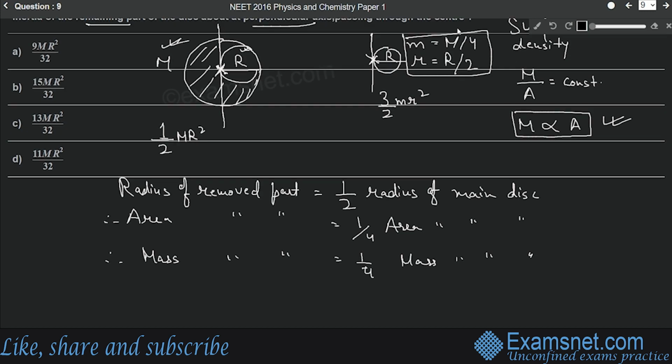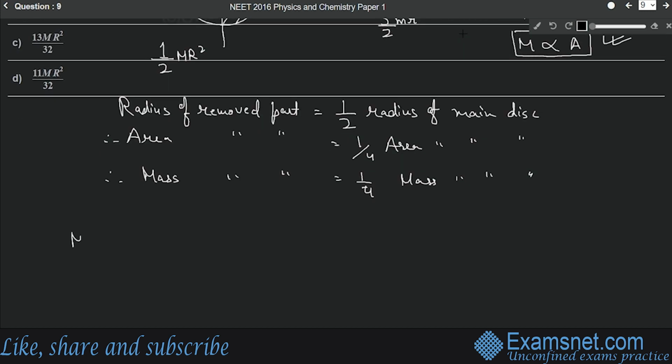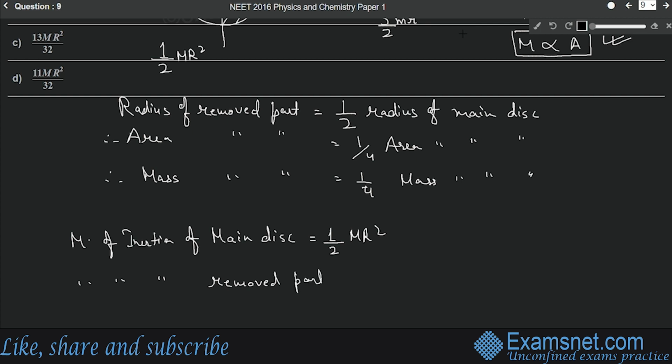Now let's proceed. What is the moment of inertia? Moment of inertia of main disk is equal to half MR square. Moment of inertia of the removed part was equal to 3 by 2 small m r square, right? Now we'll put the values.